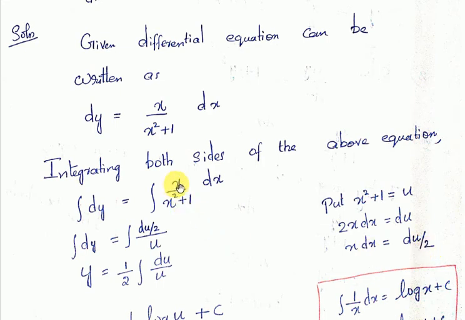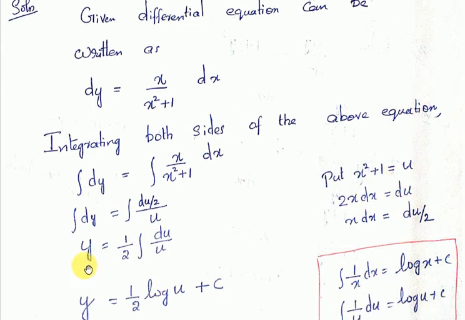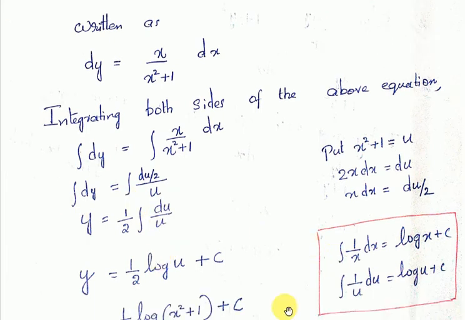So instead of x dx, we can write du by 2, divided by x square plus 1, which we can write as u. And integral dy is y. So y equal to integral du by 2 divided by u. Half is a constant, we can take it outside the integral. Half integral du by u. And see here, what is integral 1 by x dx?